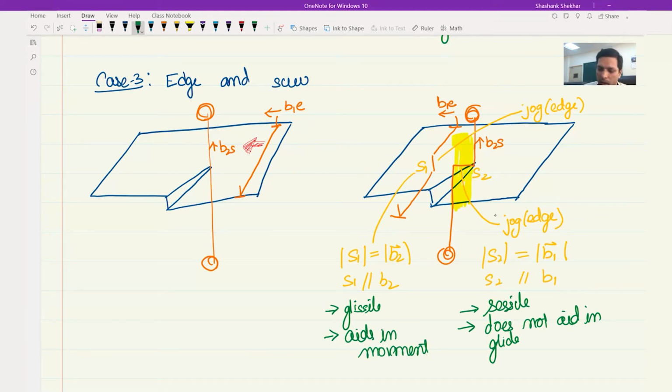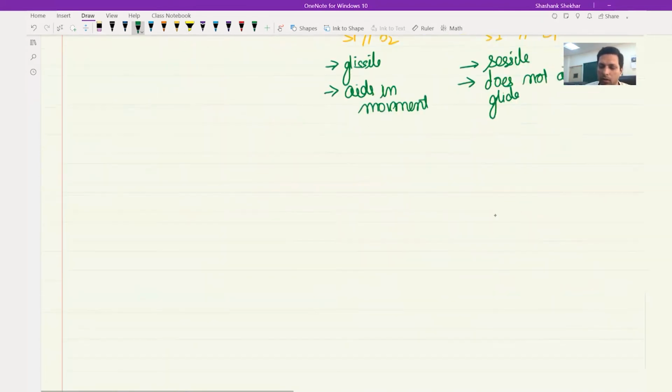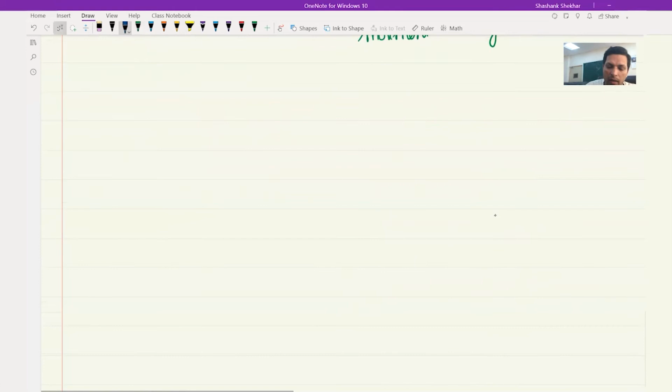So that is case 3. Now there is still another case that we can look at, and which will be even more interesting. It would be when we have two screw dislocations moving with each other.